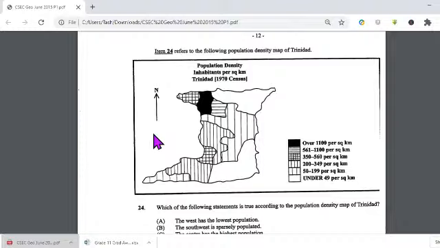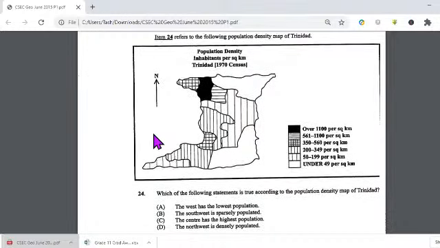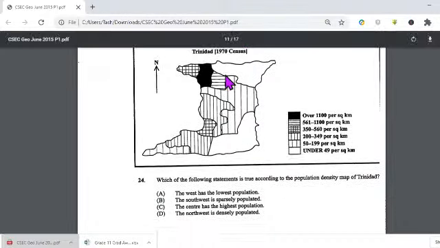So 24, which of the following statements is true according to the population density map of Trinidad? So, population density map, the darker areas will show you that there are more persons per square kilometer in that area. So the dark one here, black actually, it is over 1,100 persons per square kilometer.